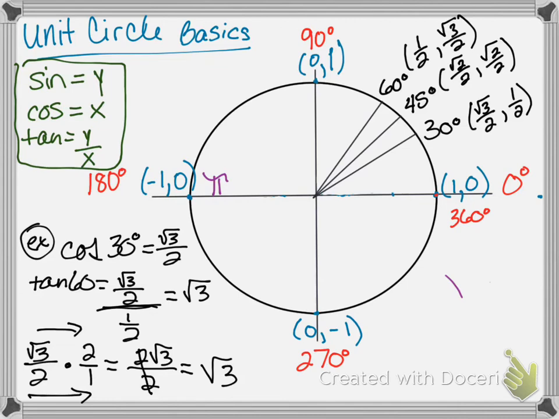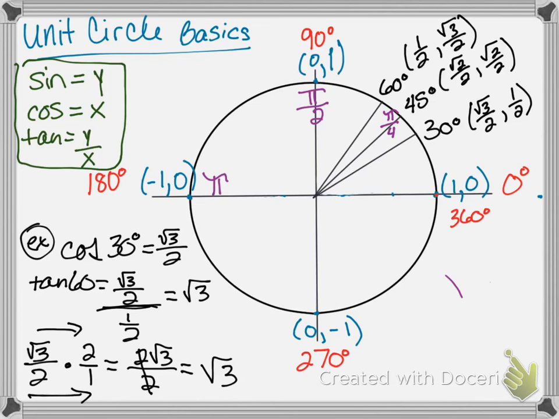So if I look at half of a semicircle, that would be pi over 2. Now if I look at my 45-degree mark, that's half of a half, so that's pi over 4.